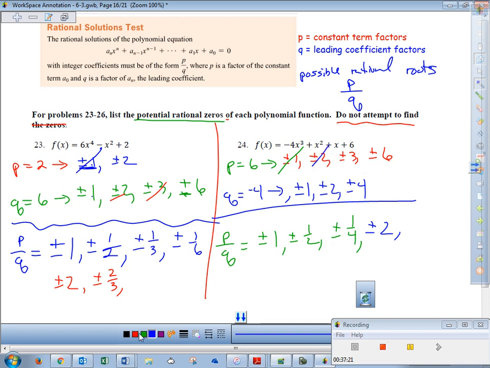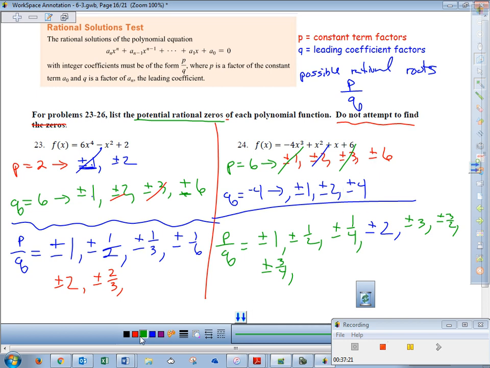Done with you. Now all the 3's. Plus or minus 3 over 1, I don't have that. 3 over 2, I don't have that. And 3 over 4, I don't have that. One last guy left. See how many you still get.